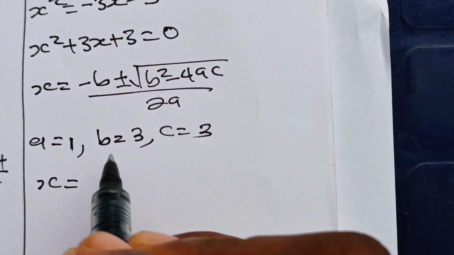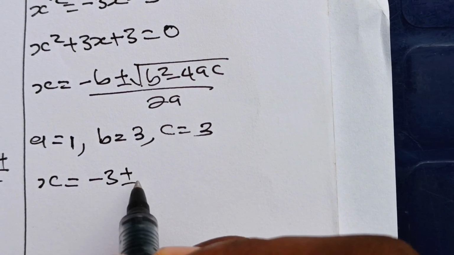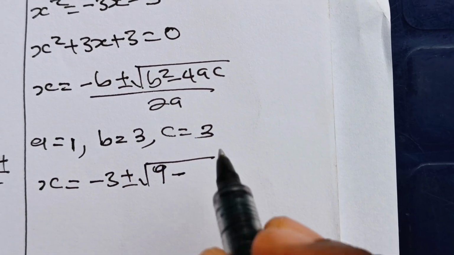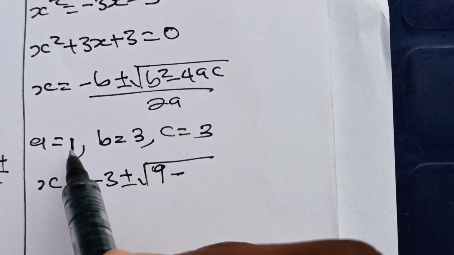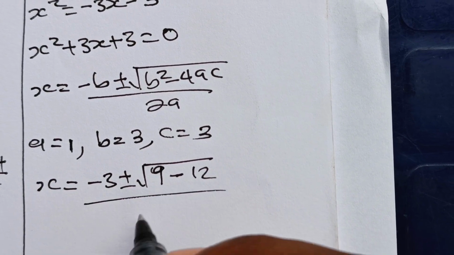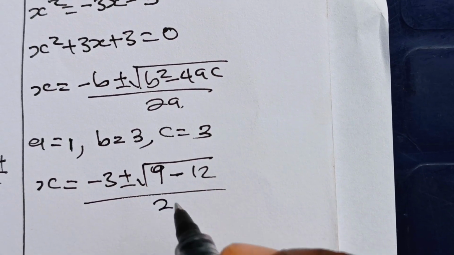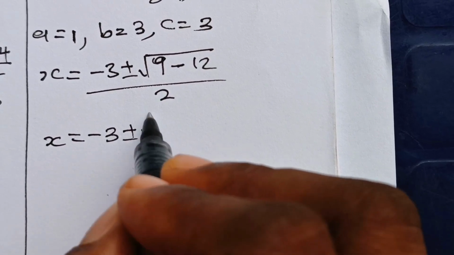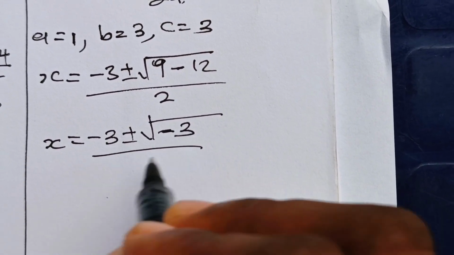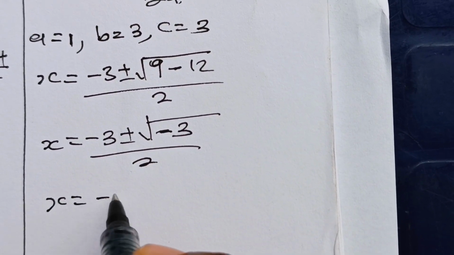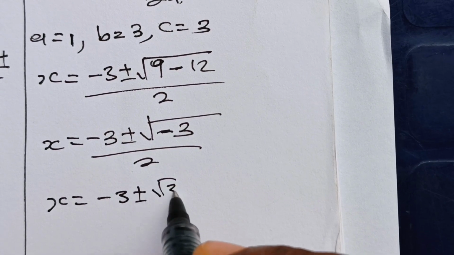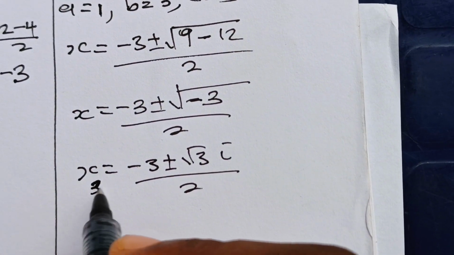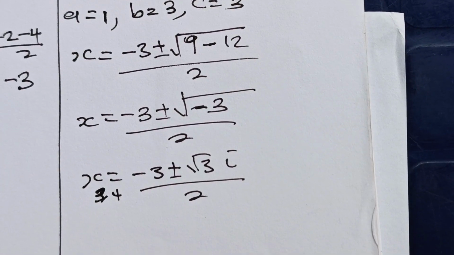X then should be equal to minus 3 plus or minus square root of 3 squared is 9 minus 4ac, 4 times 1 times 3 is 12, divided by 2 times 1, which is 2. All right, so x is minus 3 plus or minus square root of minus 3 divided by 2. So x is minus 3 plus or minus square root of 3i divided by 2. So this is the third and the fourth value of our x.